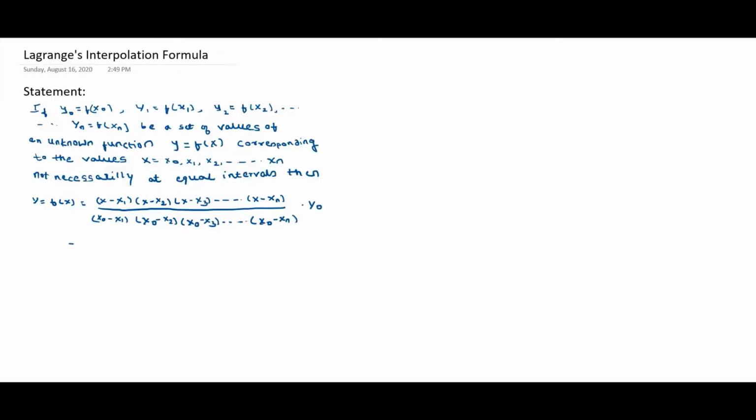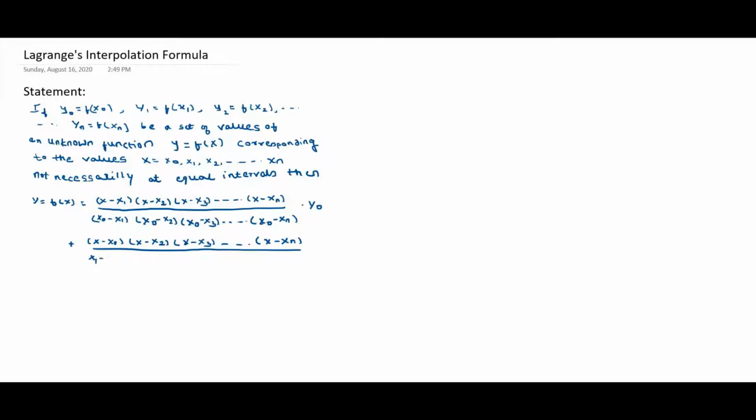Plus. Now write down the second term. Here we can write x minus x0. Then x minus x1 you can leave. You can write directly x minus x2, x minus x3, and so on, x minus xn, divided by. So in the numerator x1 is absent, so the denominator starts with x1.